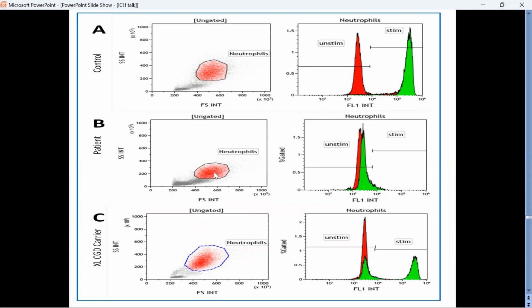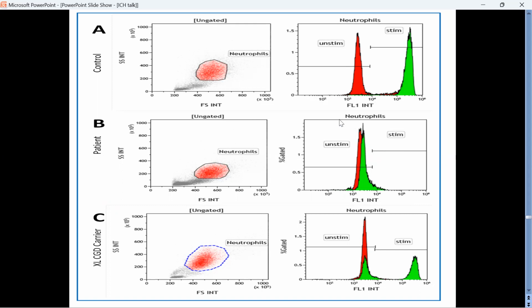Whereas in this patient, even the stimulated neutrophils are not showing evidence of rhodamine signal. So superoxide is not generated, so it is not showing a signal in the flow cytometer.